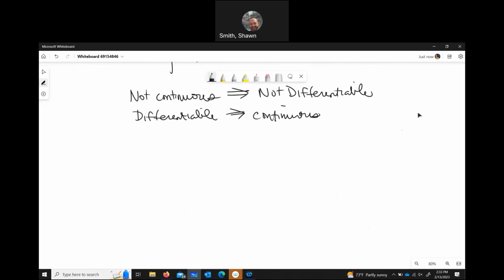So let's see if we can do a continuous function, but not differentiable. There we go. Right there, sharp point.